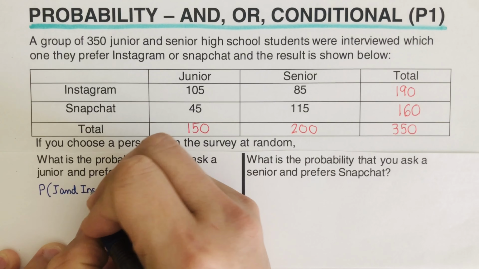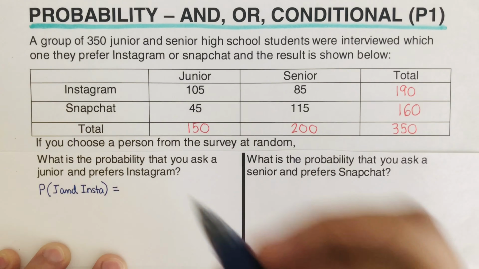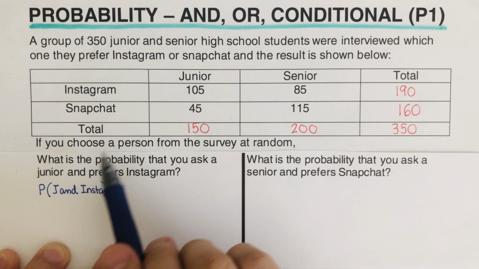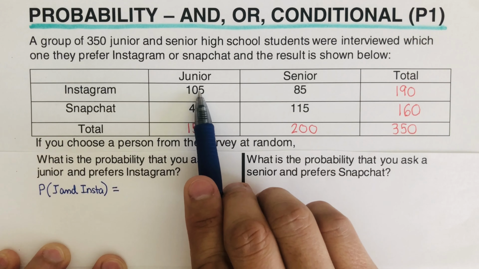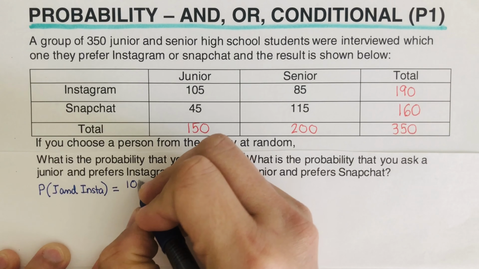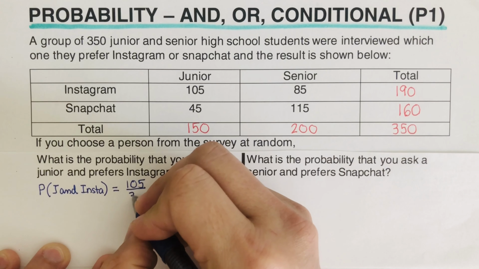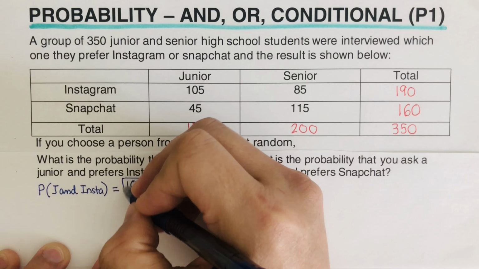So let's find that probability. It says junior and Instagram, so this one right here. That's going to be 105 over the grand total, 350. You can leave your answer like this, that should be fine.